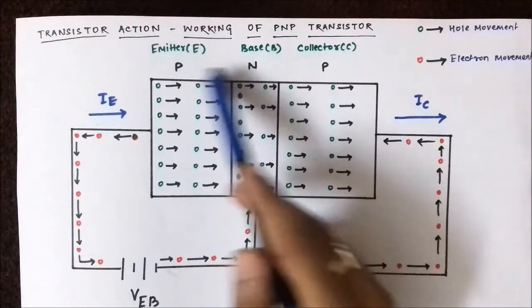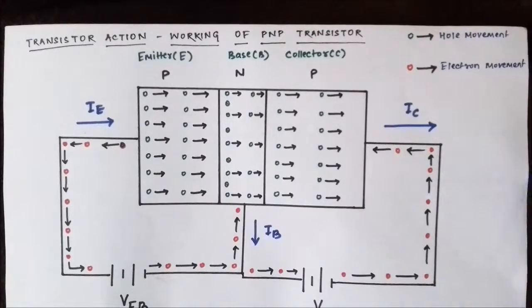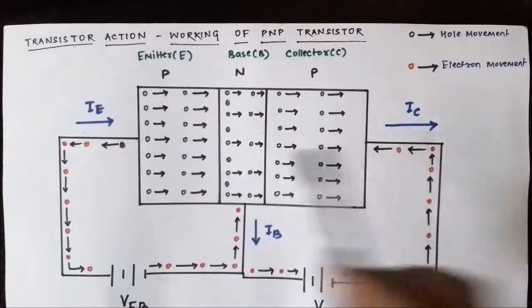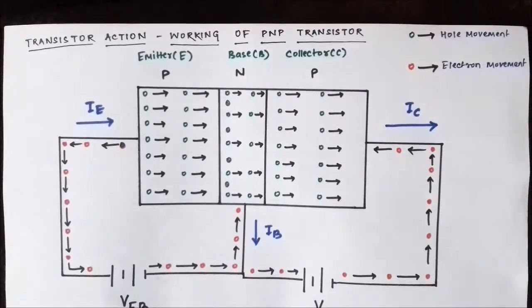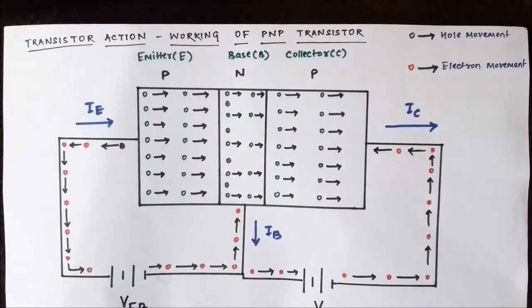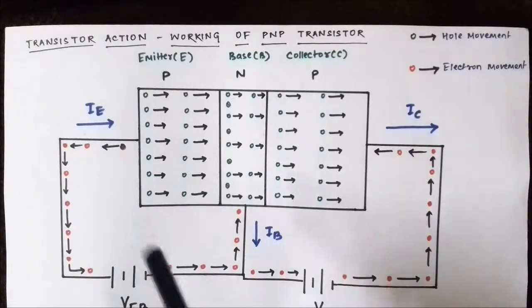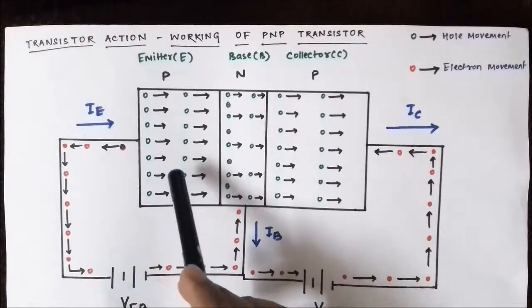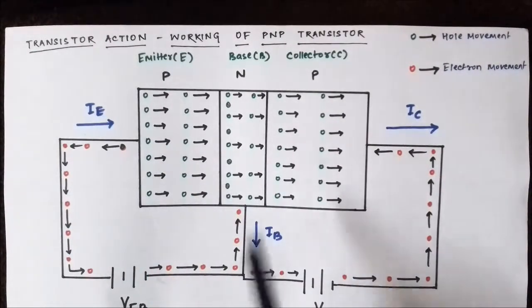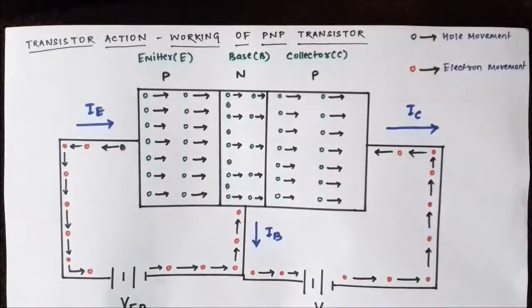Okay, so here we have the p-type block connected to the positive end of the emitter base supply. This repels or pushes the holes towards the base, towards the n-type base.